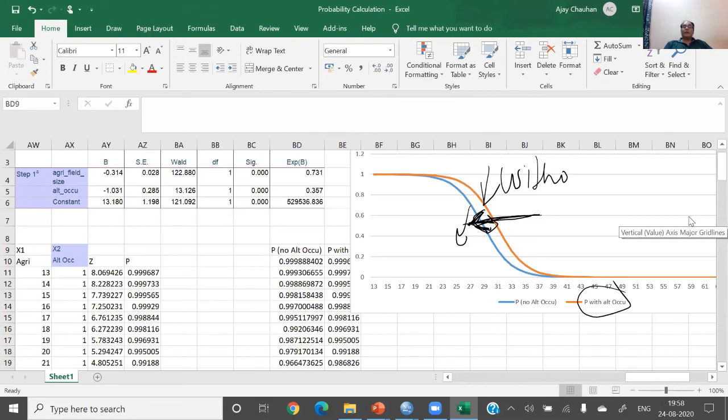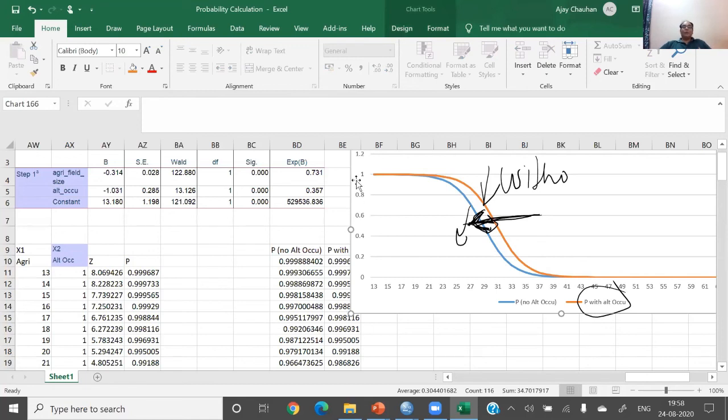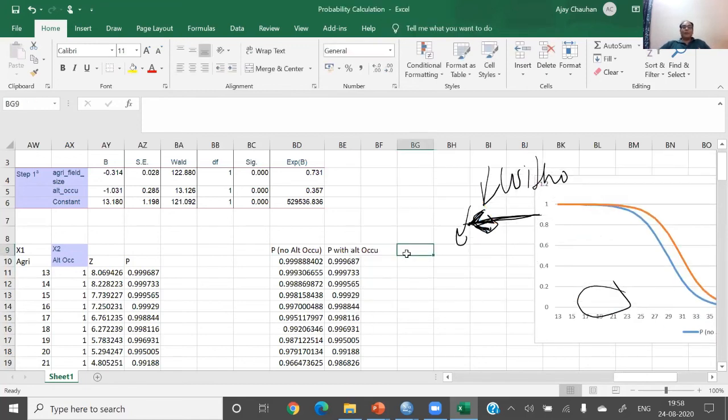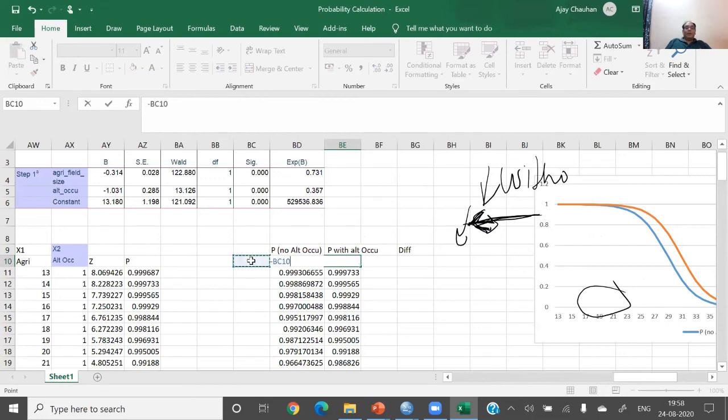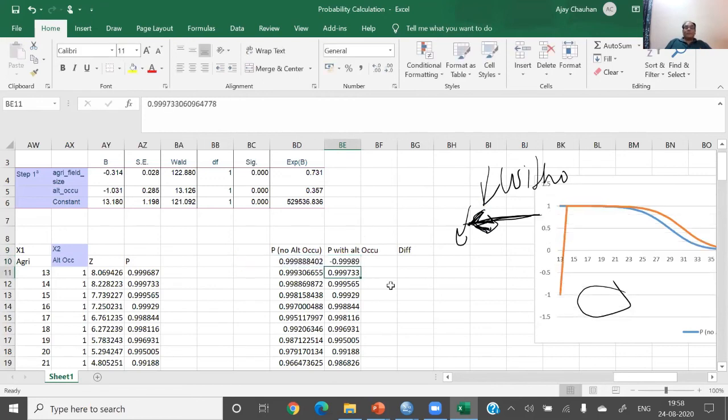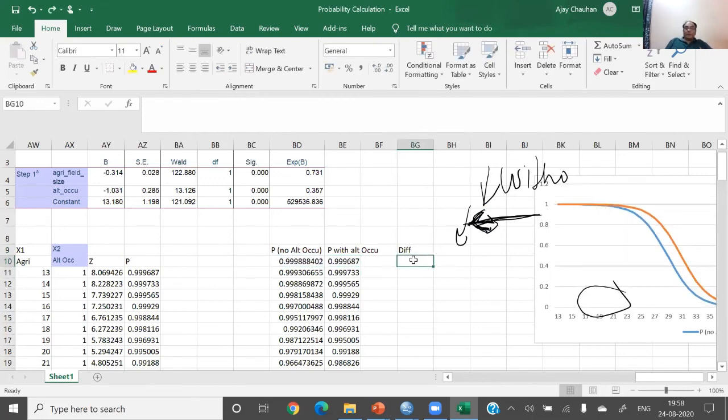Now, if you want to calculate the exact value, you can do one thing. You take the difference. Difference means the probability with alternative occupation minus the probability without alternative occupation.